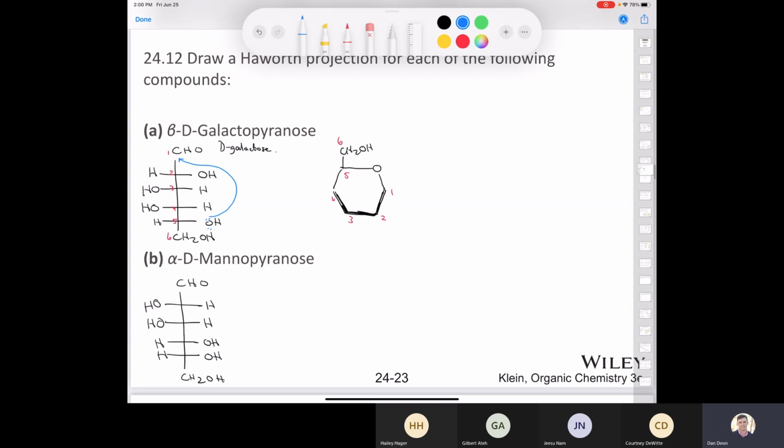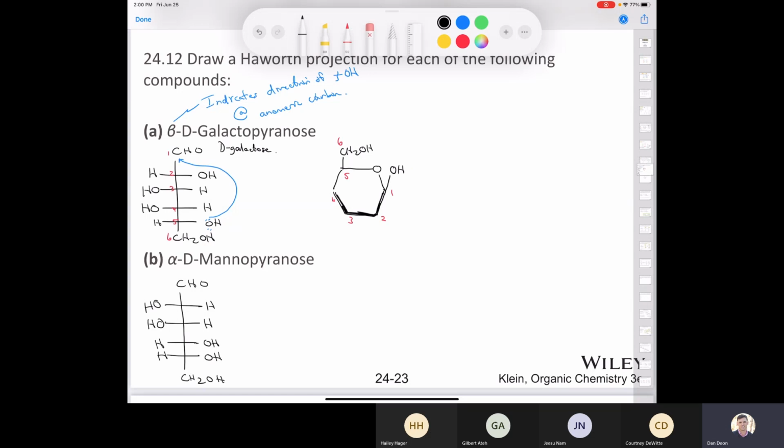And so the beta here, okay, this indicates the direction of the hydroxyl at the anomeric carbon.